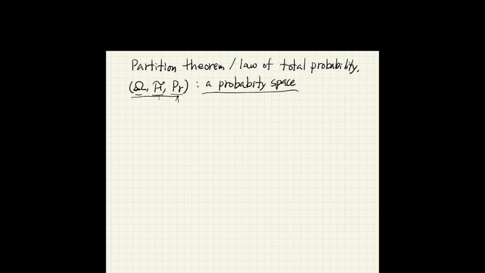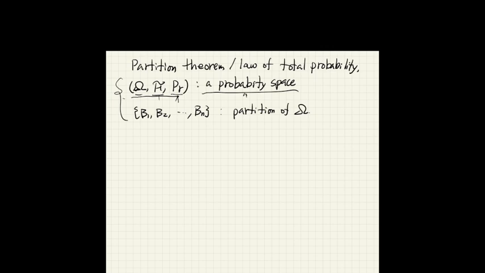So it is understood. It's so convenient, economical. Okay, so this is a probability space, and let's say B1, B2, and so on, Bn is a partition of omega. Okay, these are assumptions.